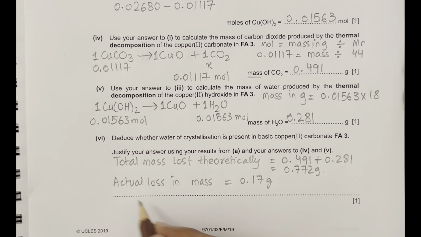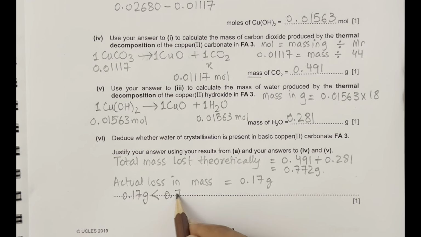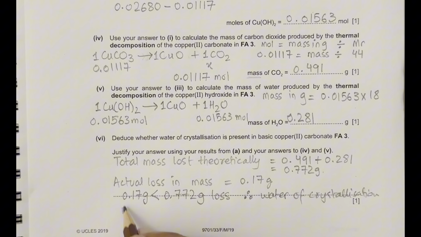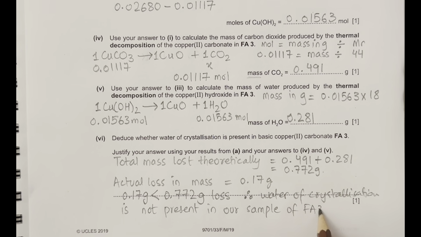So we can justify that 0.17 gram is lesser than the theoretical 0.772 grams loss. Therefore, water of crystallization is not present in our sample of FA3.